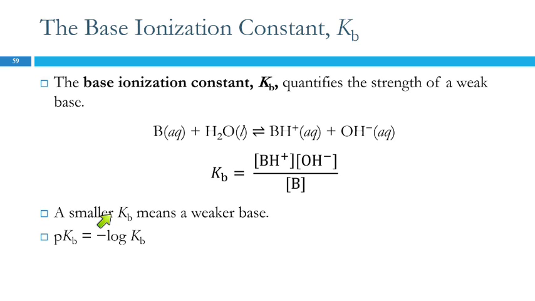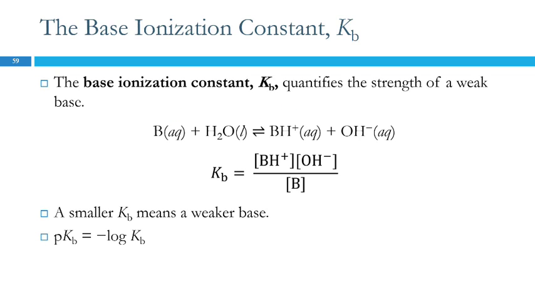If Kb is small, that means that it's a weaker base. The small equilibrium constant here means that it tends to stay on the reactant side. It's only going to ionize a little bit, and so it's not going to produce a lot of hydroxide. If you have a larger Kb, that means these numbers are bigger and this one's smaller.